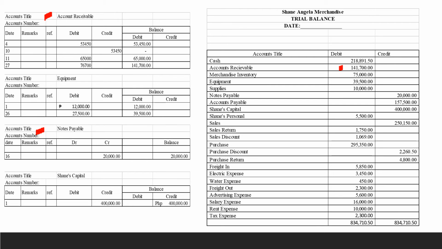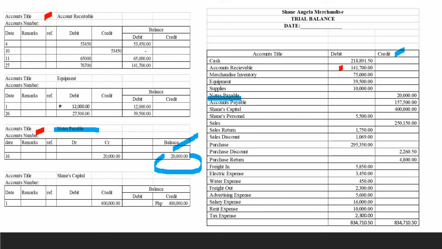Next is what we call notes payable. Nasa notes payable natin ito. So, ang ating notes payable ay merong credit balances. Ano po? Credit balances with amounting to 20,000 pesos. Kaya po nandun yung 20,000 pesos natin nasa credit kasi ito po ay nasa credit side din. Ano po?